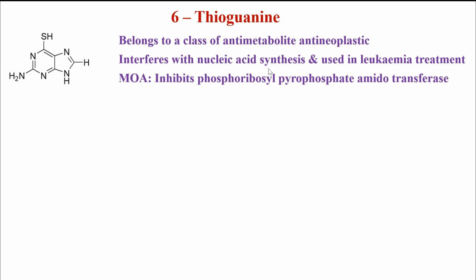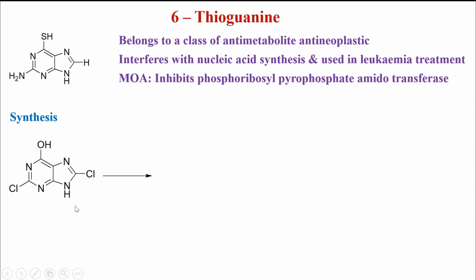Here, we can take the intermediate which we have synthesized for 6-mercaptopurine and treat with ammonia. In ammonia, nitrogen has a lone pair of electrons.